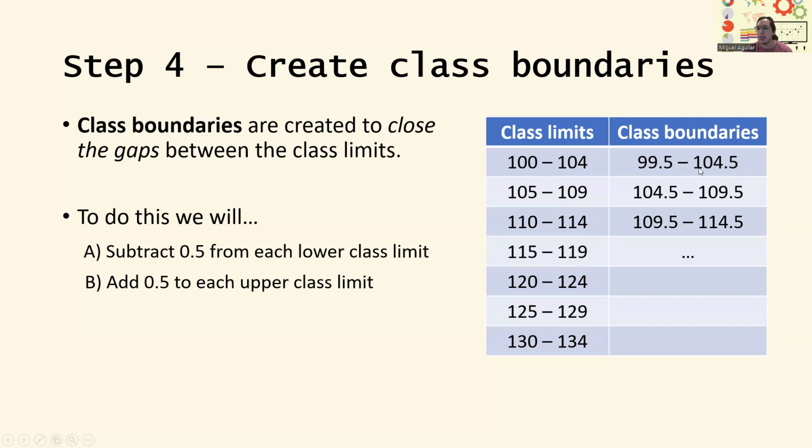We've closed the gaps. 104.5 is captured here, so we can think about all of the numbers that might be between 99.5 and 104.5, and then anything that's over that 104.5 will fall into the next bin or the next class based on these next set of boundaries. Okay. So if you continue that process, you should be able to get the class boundaries for all 7 classes, and they should have no gaps, and it should be an exhaustive list of class boundaries.